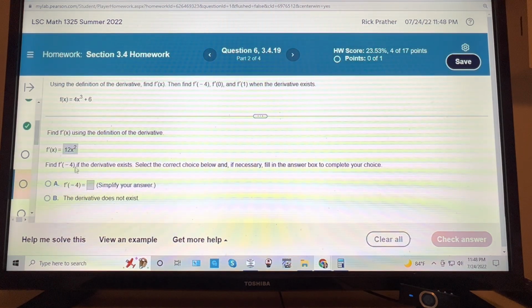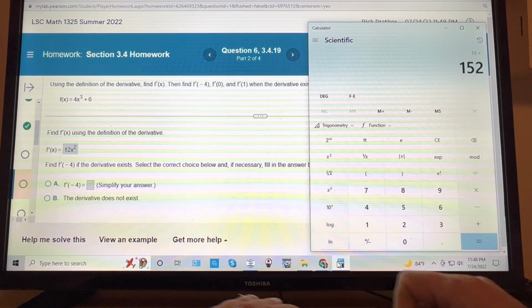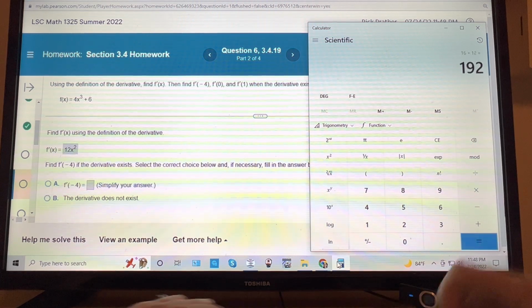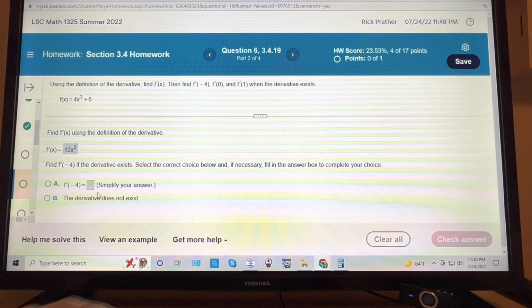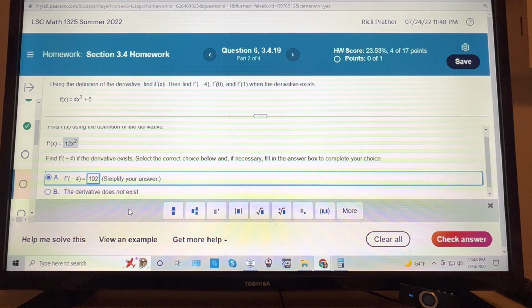So now I can just stick negative 4 where this x is. Negative 4 squared is 16. 16 times 12, whoops, is 192. So the slope of the tangent line exactly at negative 4 on this graph would be 192.